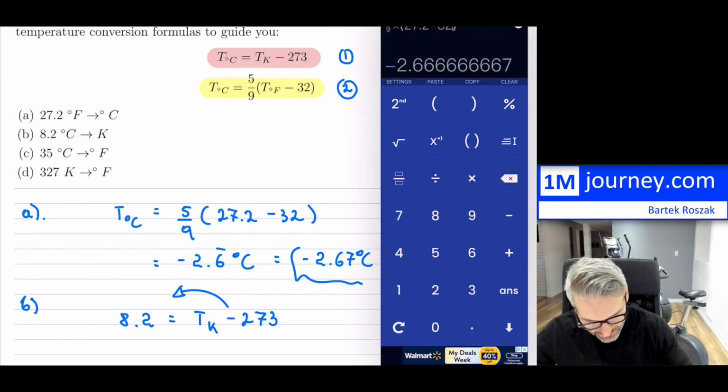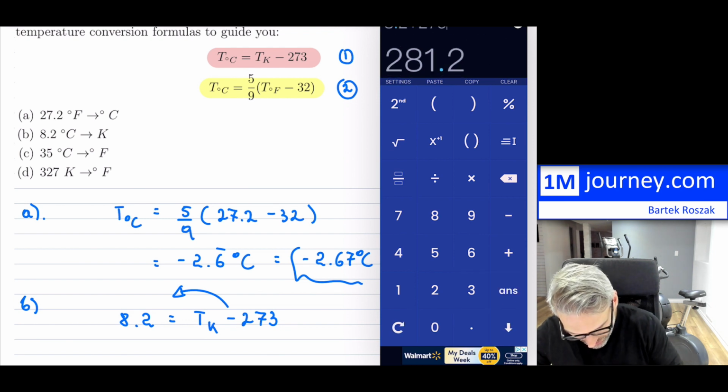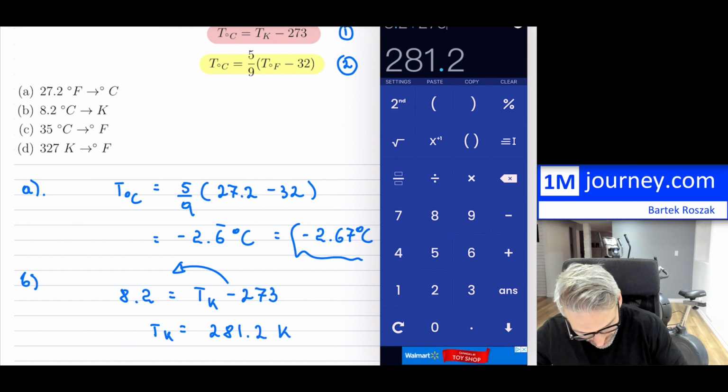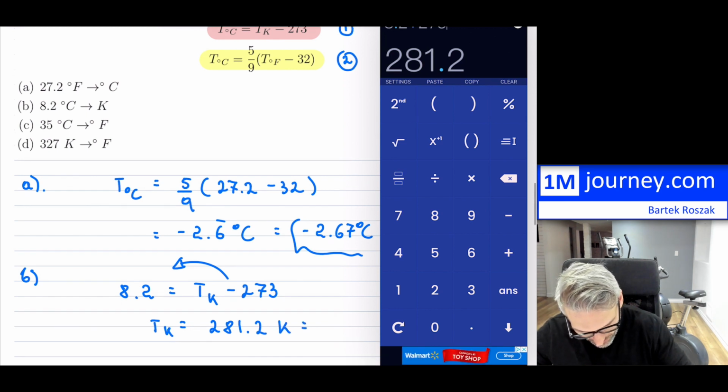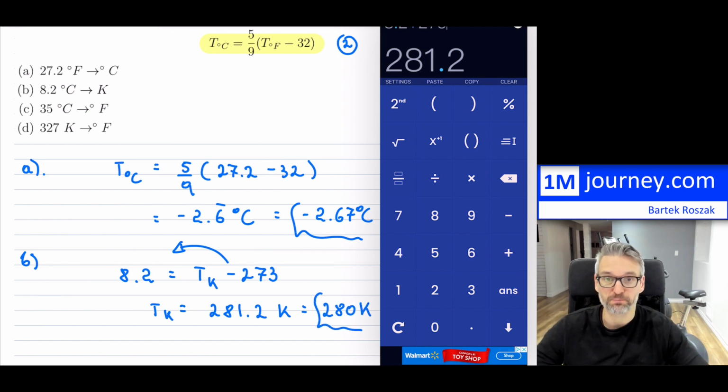You would have 8.2 plus 273, and that's all. So TK, the temperature in Kelvin, would be 281.2 Kelvin, or if you want to keep the same number of sig figs, it would be 280 Kelvin. So that's part B.